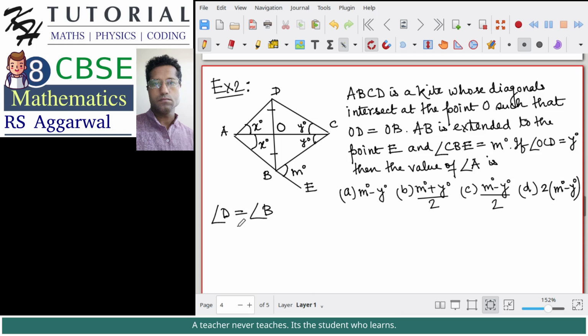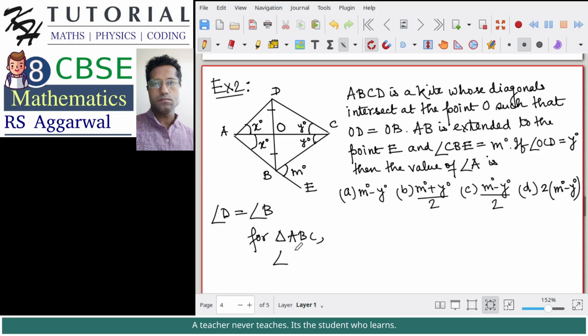Now we know that M degrees, angle CBE, is an exterior angle for triangle ABC.